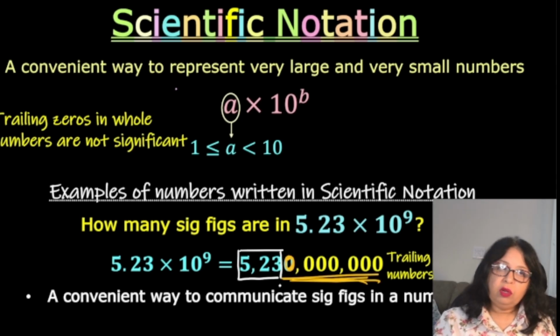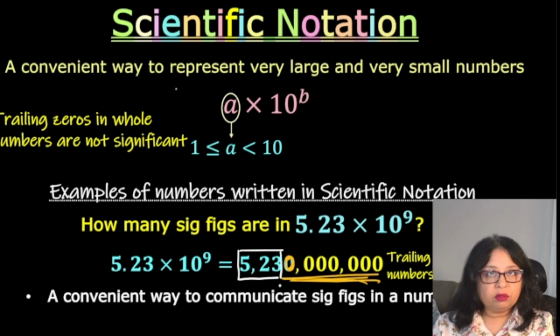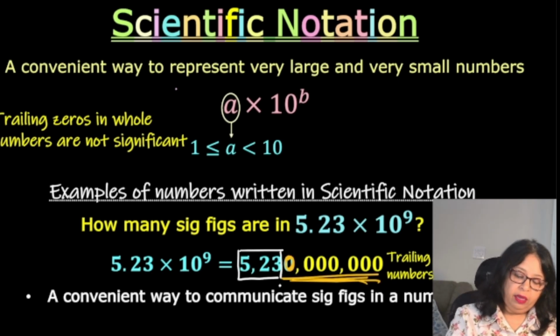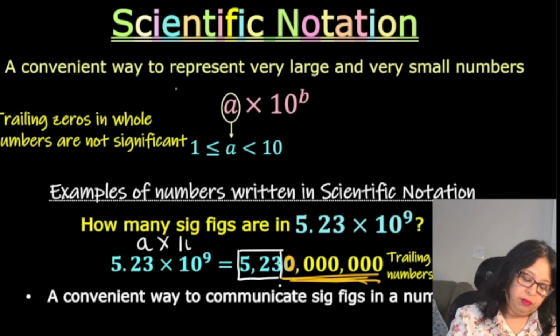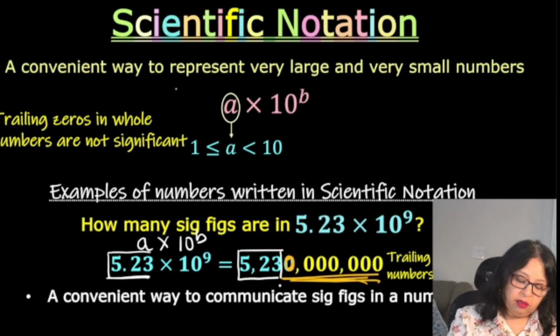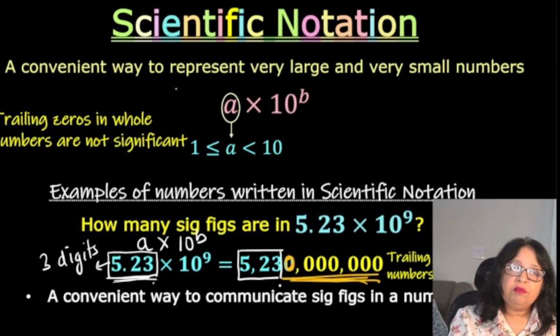3. So now I'm going to make a claim that if there are 3 significant digits on the right hand side, then the left hand side must contain only 3 significant digits. Let's look at the number written on the left hand side. It is written in the form of scientific notation, which is a times 10 to the power b. Here, a is equal to 5.23 and b is equal to 9. Now in this coefficient a alone, there are 3 digits, and these are significant.